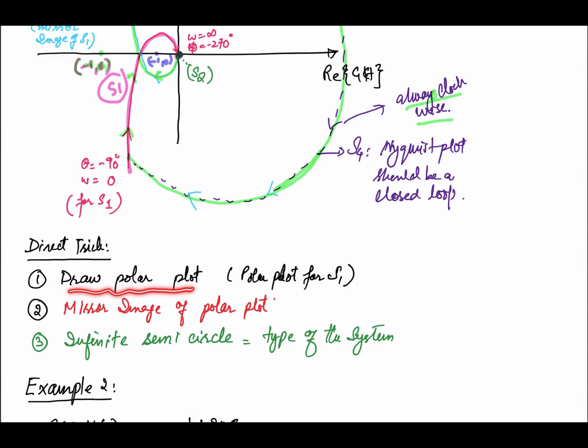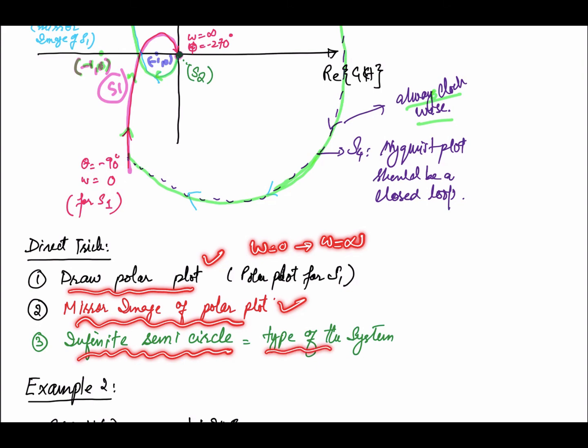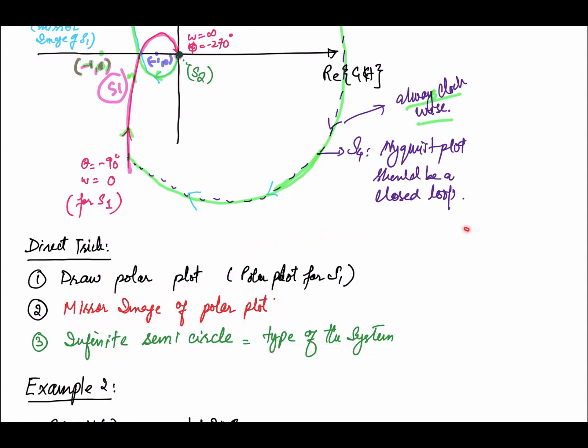How? First of all, draw the polar plot for the frequency 0 to infinity. Then take the mirror image of that plot, and then the infinite semicircle. That depends upon the type of the system. For this particular example, we have type equal to 1, because there was only one pole at the origin.